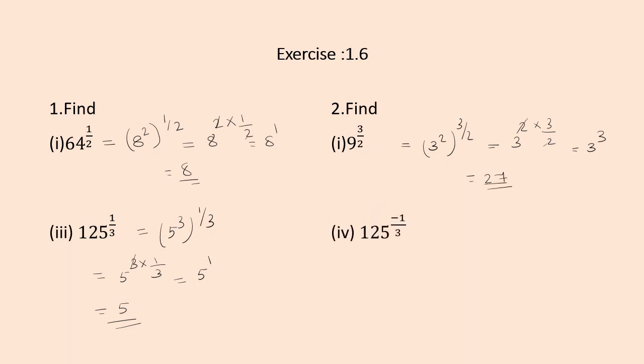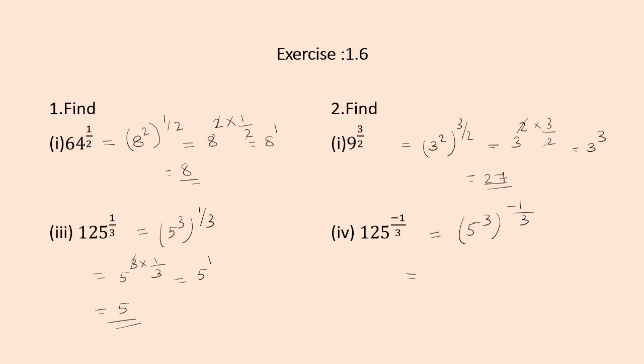Question number 4. 125 raised to minus 1 upon 3. 125 is a perfect cube number. So you can write it as 5 cube whole raised to minus 1 upon 3.